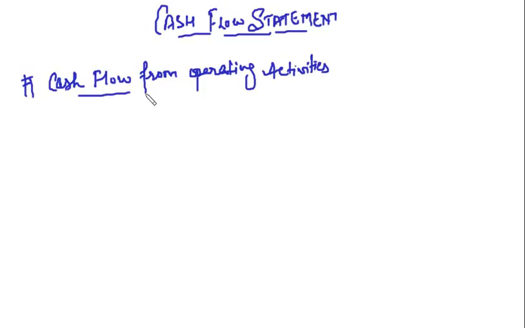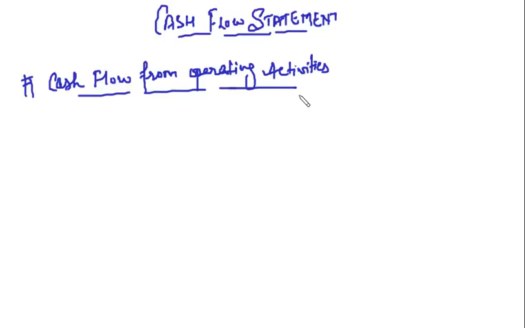We discussed what are operating activities. Any activities relating to the routine operations of the business and that involves cash inflow or cash outflow are the operating activities. I told you about the two important conditions to be considered. One is whether that activity is an operating activity or not.